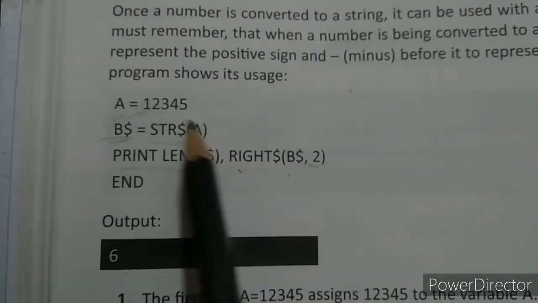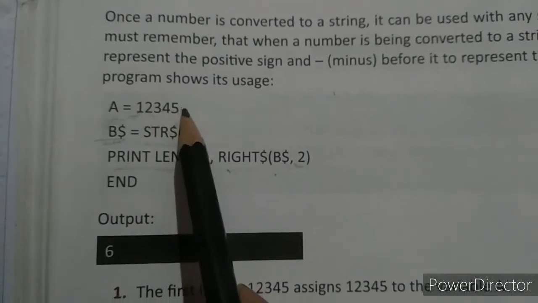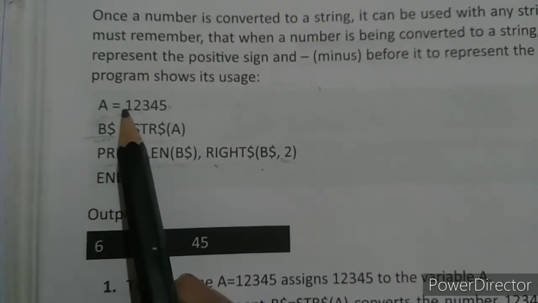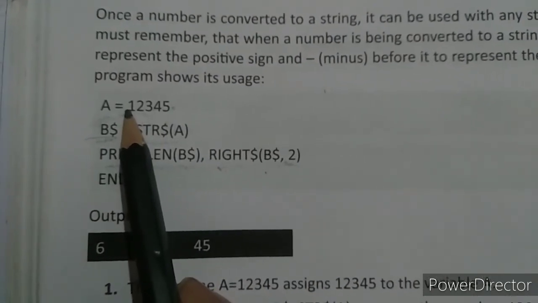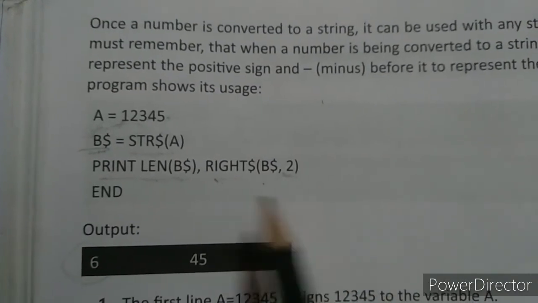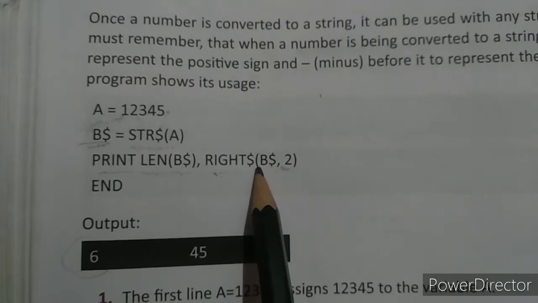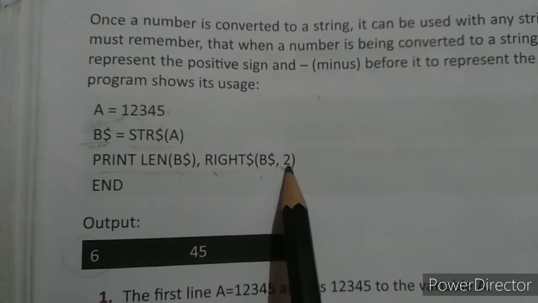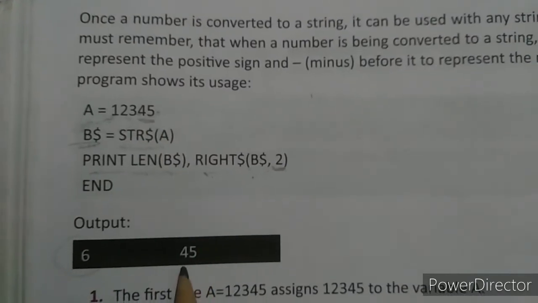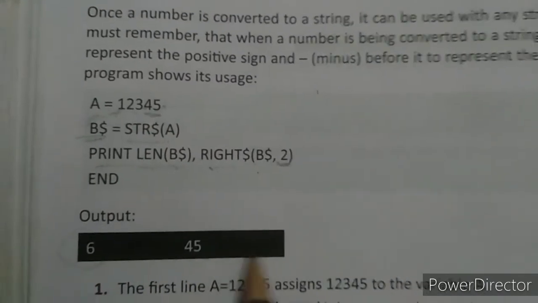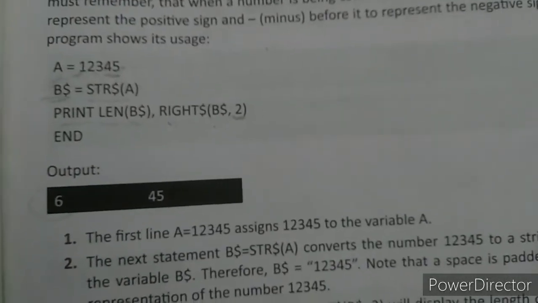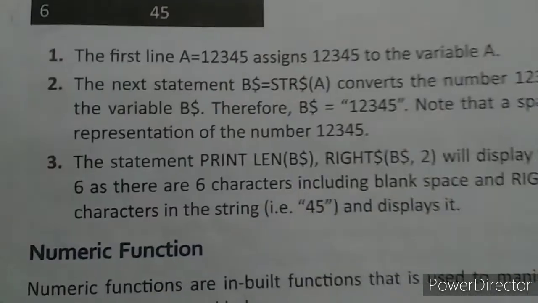So here only the digits 1, 2, 3, 4, 5 are there, but before them it takes one space. Therefore 6 has been returned. Now from the right you have to cut 2 digits, therefore from the right 1, 2. So 45 is the output of RIGHT$. So this is how you can use the STR$ function.